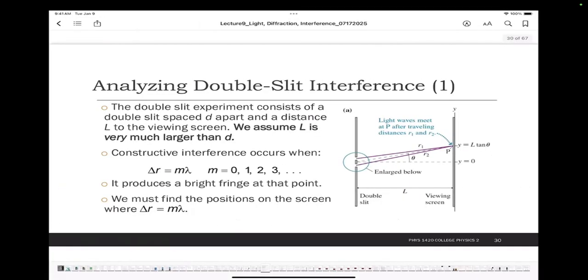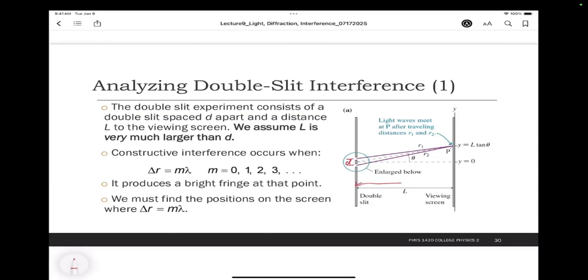Let's continue and analyze the double slit interference. The double slit experiment consists of a double slit spaced d apart, these two slits, and a distance L to the viewing screen.